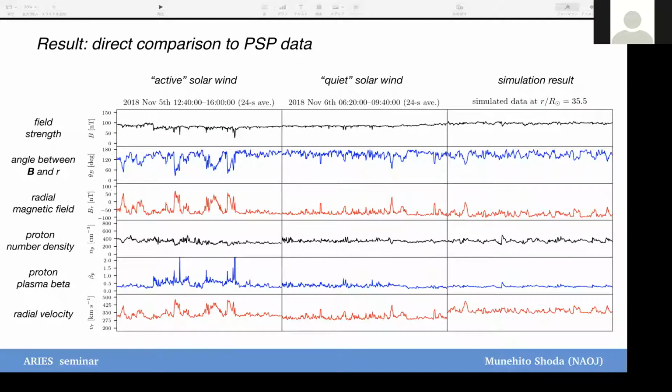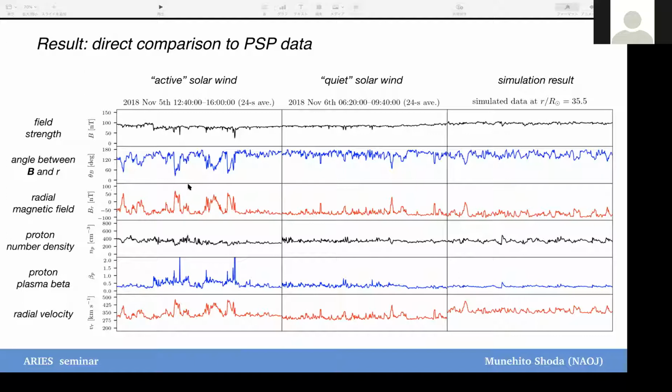So you said that in the simulation you performed, the first very naive question is this: there is an exact anti-correlation between this third column, which is the radial magnetic field, and the angle between B and R. So one is up, the other one is down, whichever way you want to look at it.